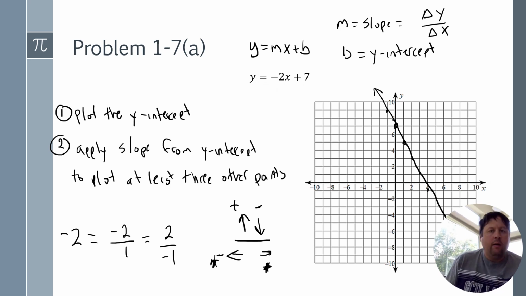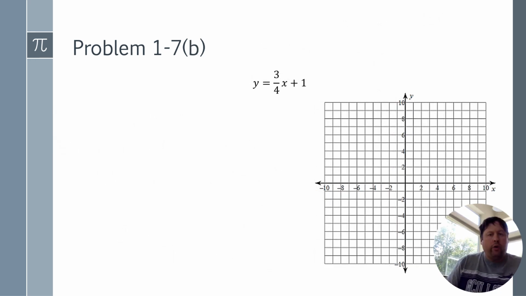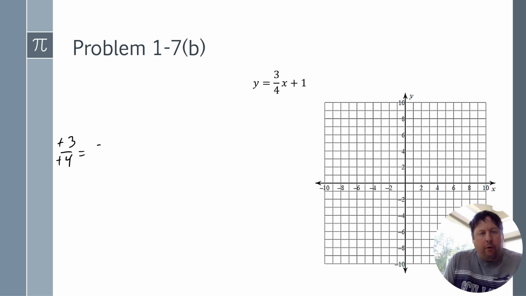Okay, next one. y equals 3/4 x plus 1. So again, I'm going to plot a point at 1. Now, when I have a slope of 3/4, that either means go positive 3, positive 4, or I can make them both negative and go down 3, left 4. So I'm going to start by going positive. I start at 1, so go up 3, 1, 2, 3, over 4.